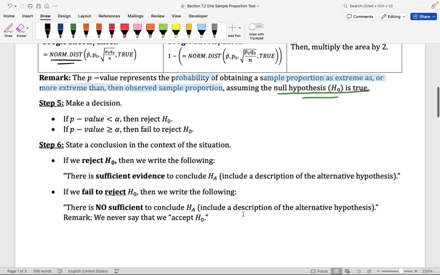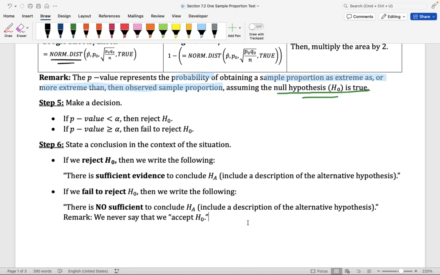Once you make a decision, you need to write a conclusion, and you need to use the context of the situation. If we reject the null hypothesis, then we're going to write the following. There is sufficient evidence to conclude the alternative hypothesis. Here, you're going to need to describe what the alternative hypothesis represents in the context of the situation.